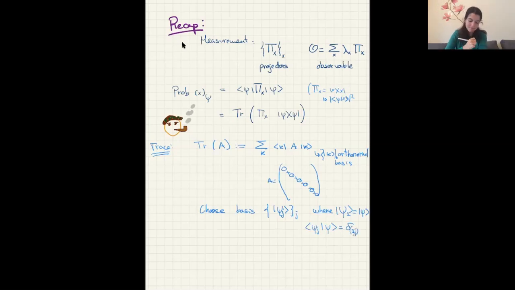Okay. So it's an orthonormal basis where one of the states is precisely this state.